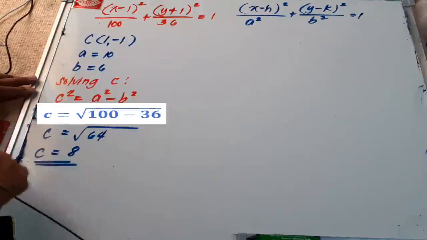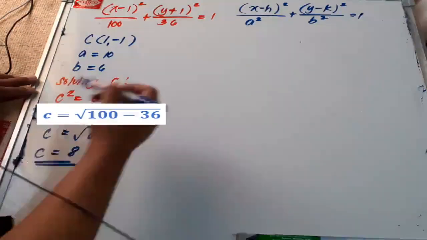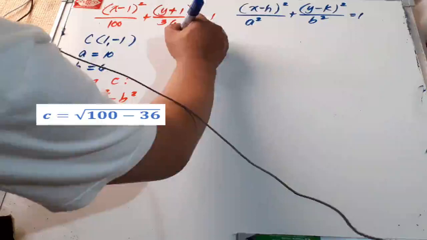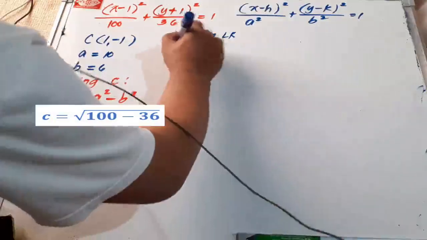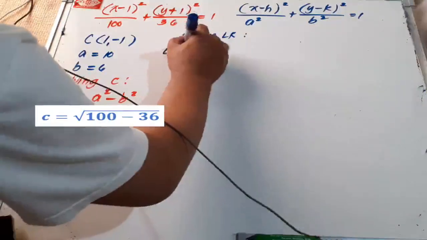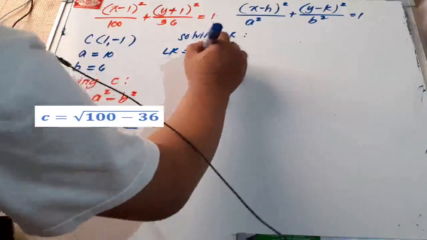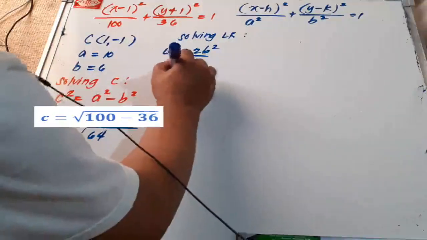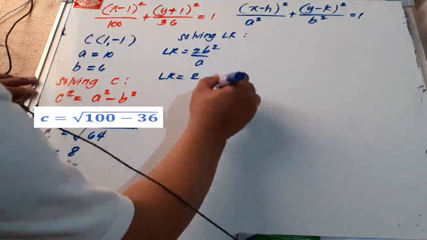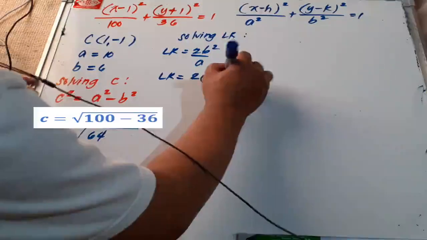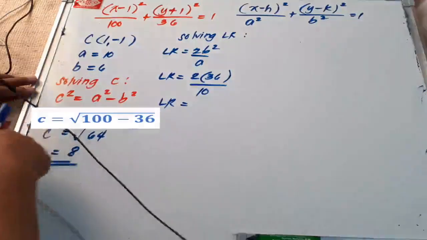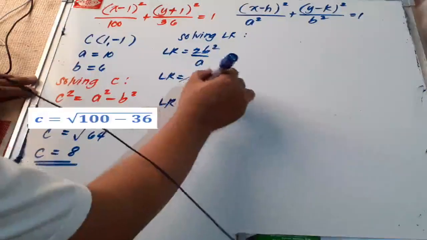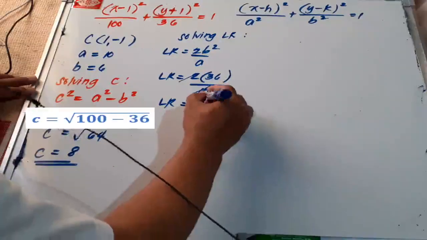The next, solving for the length of the latus rectum. LR is 2b squared over a. So 2b squared is 72, a is 10. So LR equals, cancel 2, so we have 36 over 5.